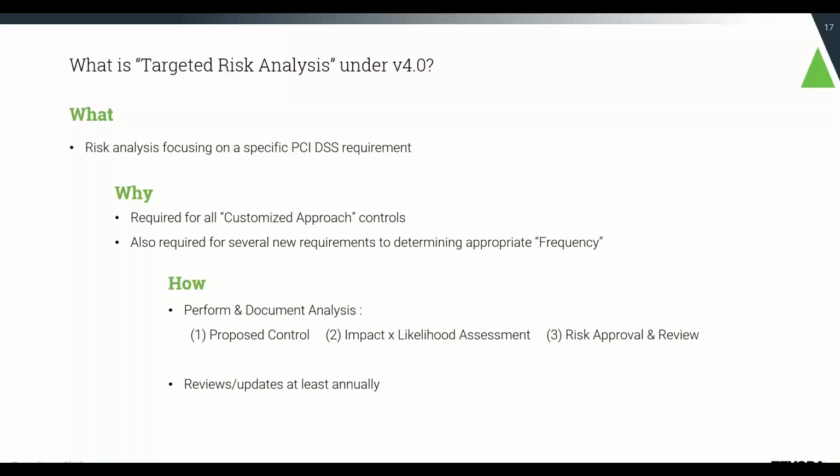And the reasons why you would have to do a targeted risk analysis under 4.0 are twofold. One, for all customized approach controls, there has to be some sort of targeted risk analysis performed to justify the design of the control.